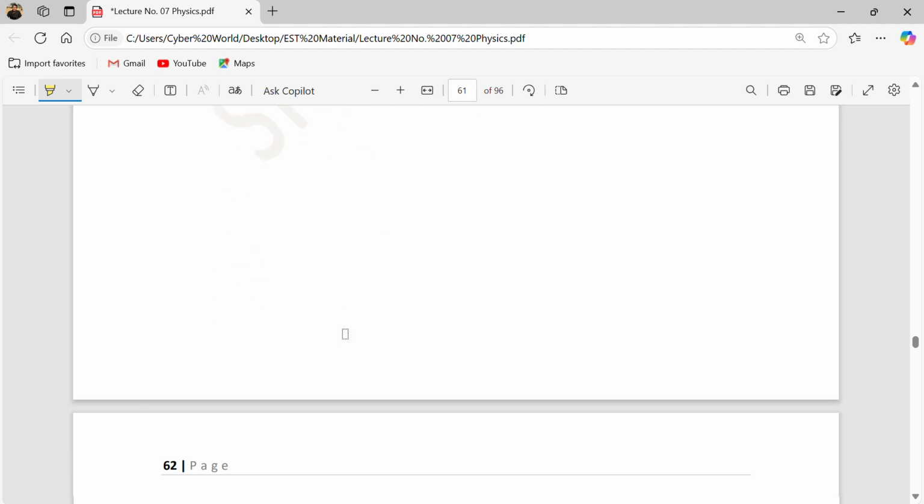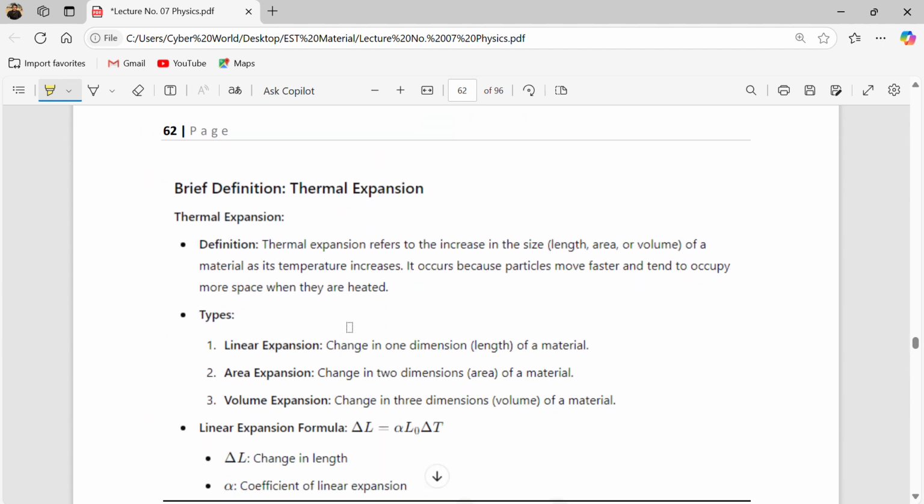Okay, now let's move on to the next subtopic of today's lecture, which is thermal expansion. Very important. What is thermal expansion? As the name suggests, thermal means heat. So by heating, a body expands.